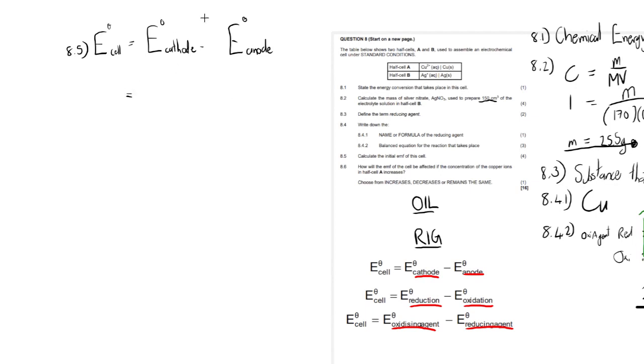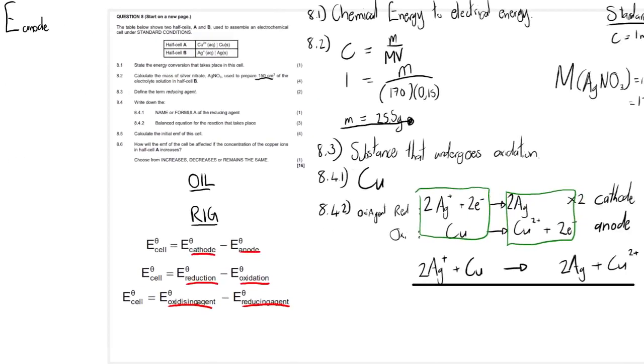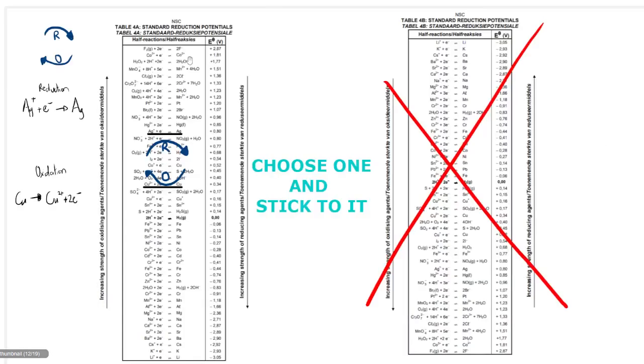We've got the reduction potential at the cathode, and remember the cathode was the silver, and so we'll go over to the reduction potentials table.